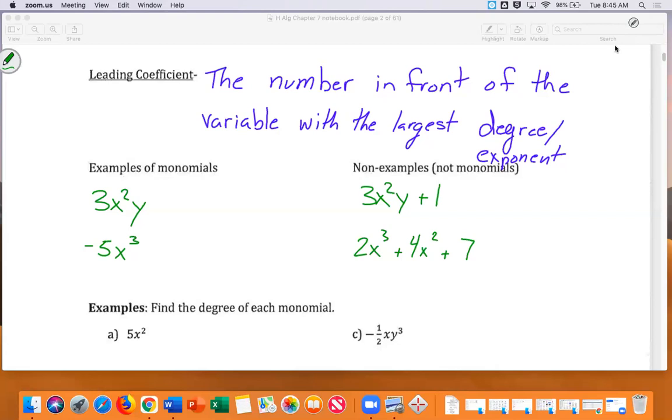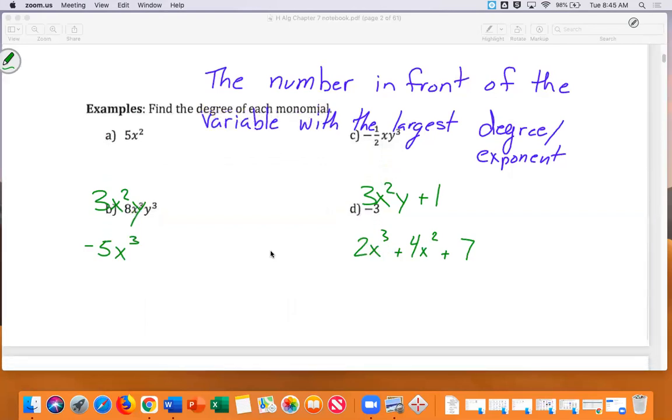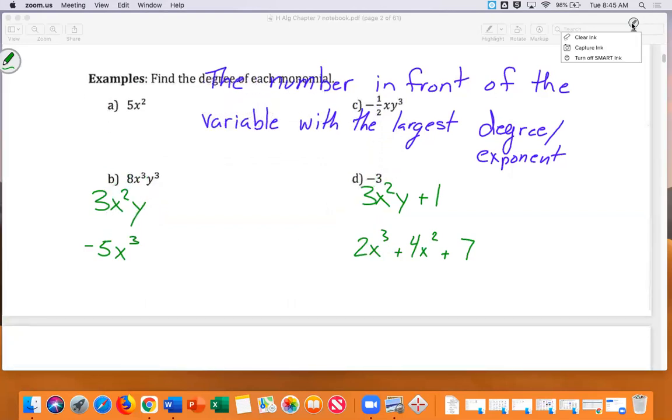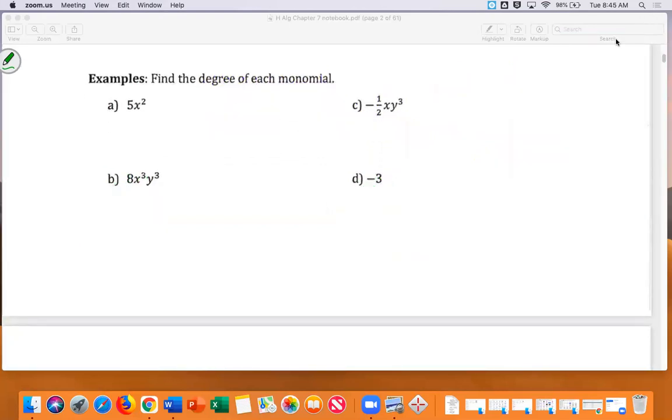All right. So to find the degree of a monomial, we add the exponents, okay? So let's start here with B. I think B is pretty simple. The degree for B is what?